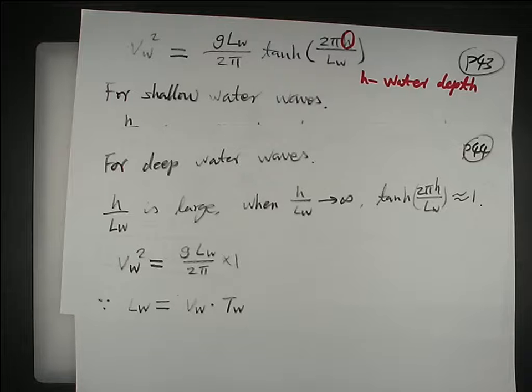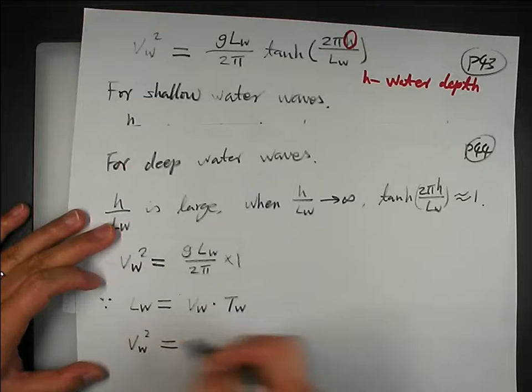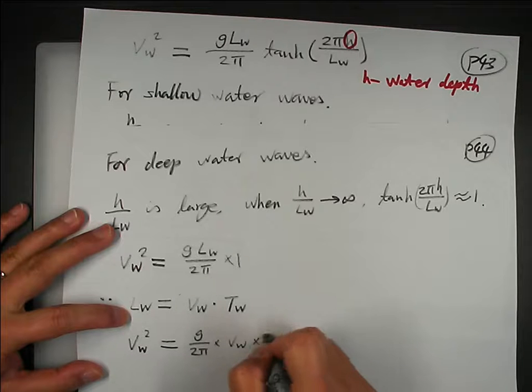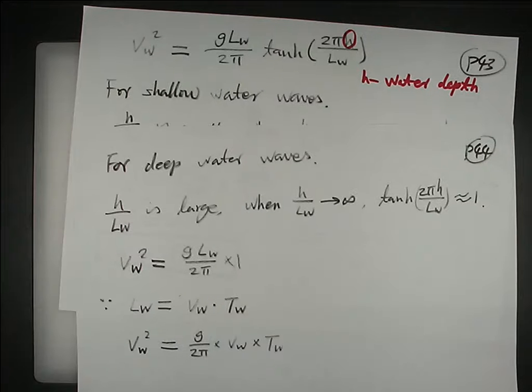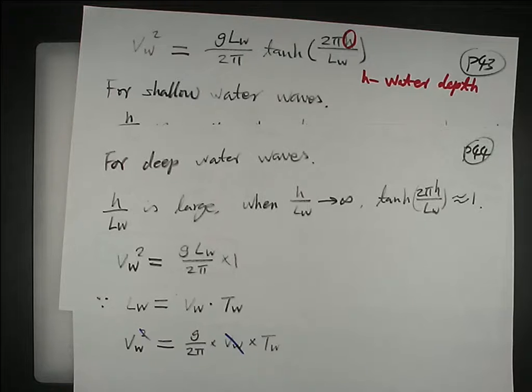Then we got the wavelength, with velocity to the power 2, equals g over 2 pi times L W, and L W is V W times T W. Then there is one T W and V W on the right side and V W squared on the left side. I mean, one is cancelled.